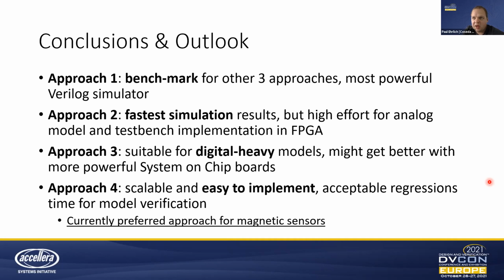I mean, the FPGA was utilized like 20%, so we still have a lot of FPGA space left, but we need more processing power for the SystemC world to run as well. And approach number 4 is easy to implement as well. It's currently the preferred approach for Infineon for the magnetic sensors, and it scales with the processors.